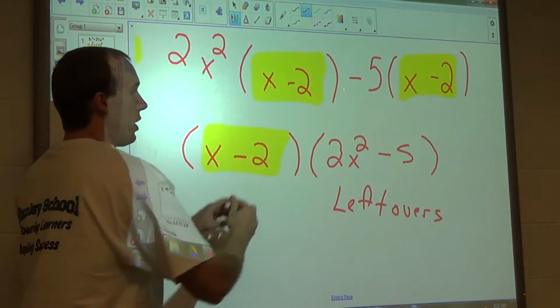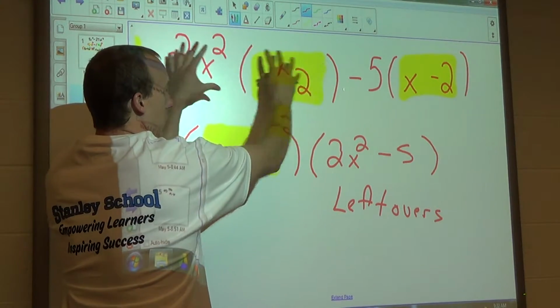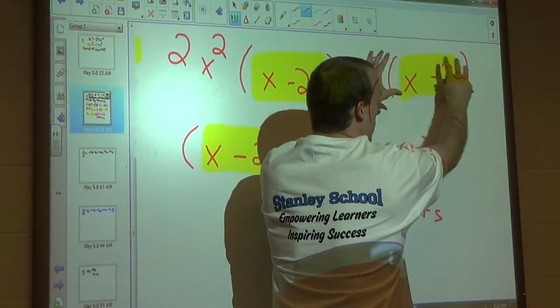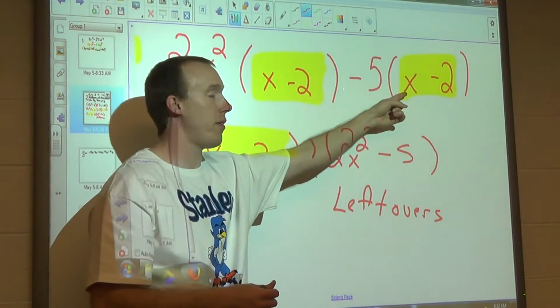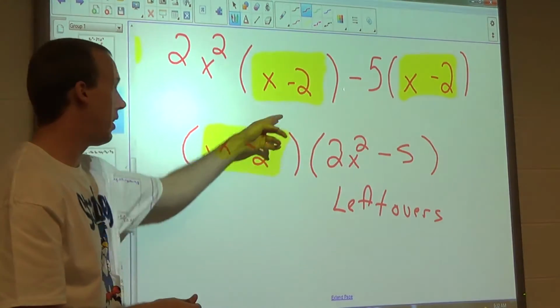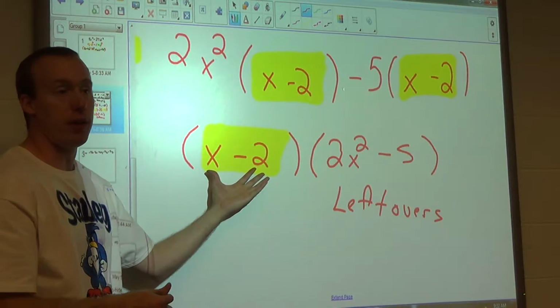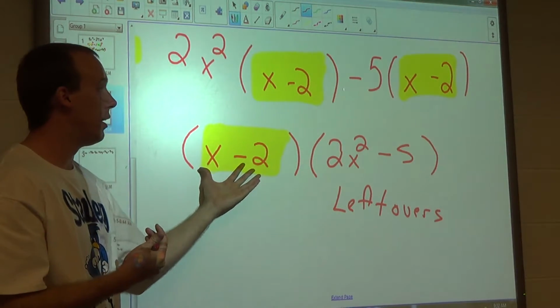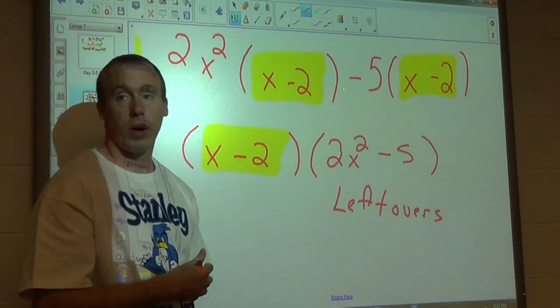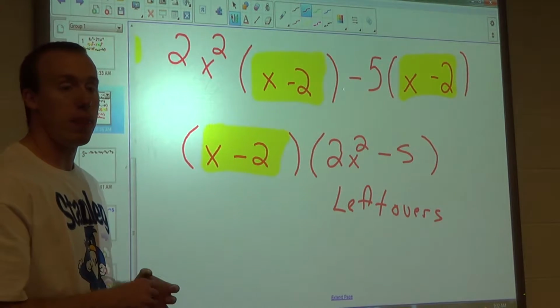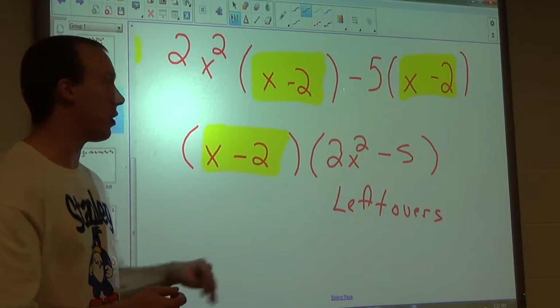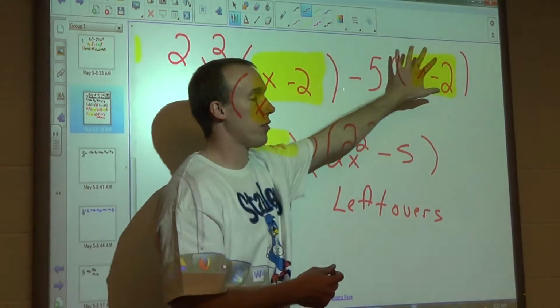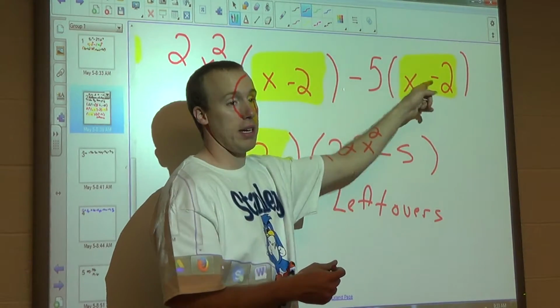Because technically what I'm doing, do you see how this is one term, and then this is another term? What's in common with both of these terms here? Do you see how they both have an x minus 2 in common? So then I factor an x minus 2 out in front, is what you're technically doing there. And then you're left with whatever's left over. Would the x minus 2 be squared? Nope, because it's like you're factoring. So like if this was an A and this was an A, do you see how they both have an A in common?